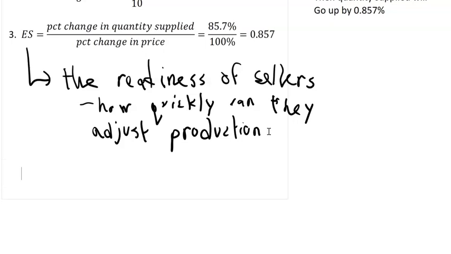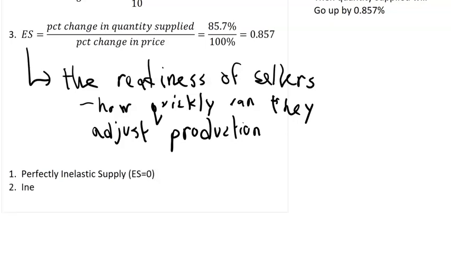Now, just like in elasticity of demand, we had different types of elasticities. We had perfectly inelastic, inelastic, unit elastic, elastic, and perfectly elastic. Here too, we have perfectly inelastic supply, where elasticity of supply equals 0.